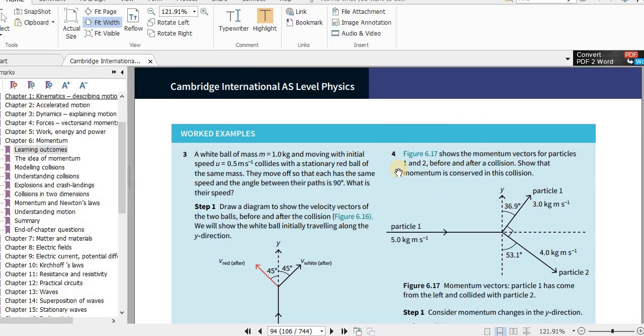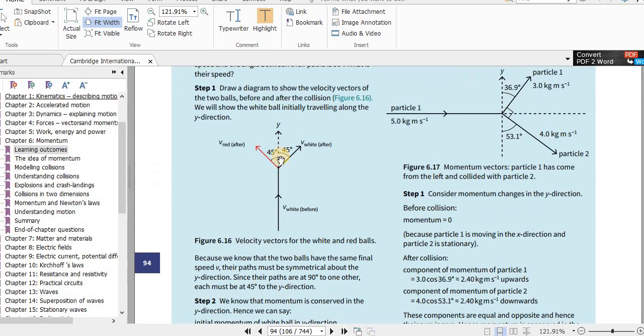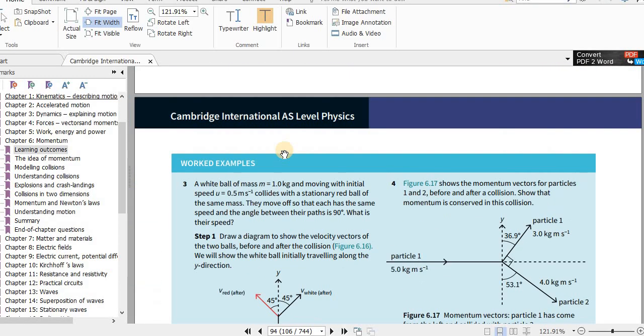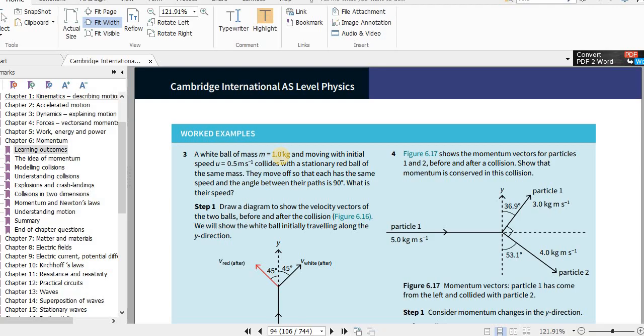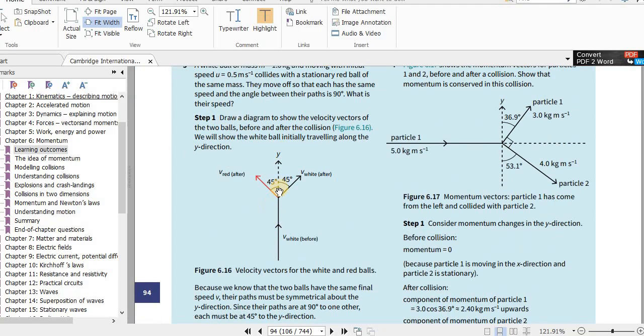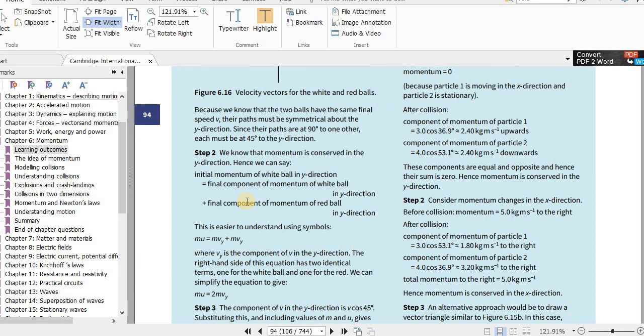Now here how do we know that each of these is 45? Because it's the same speed and they have the same mass. Because the angle is 90, the angle here should be 45, because they have the same mass and the same speed after the collision.